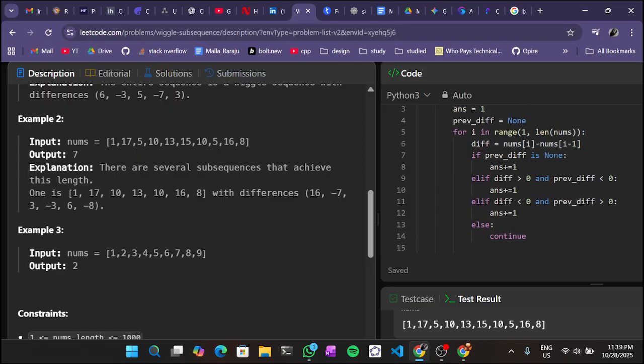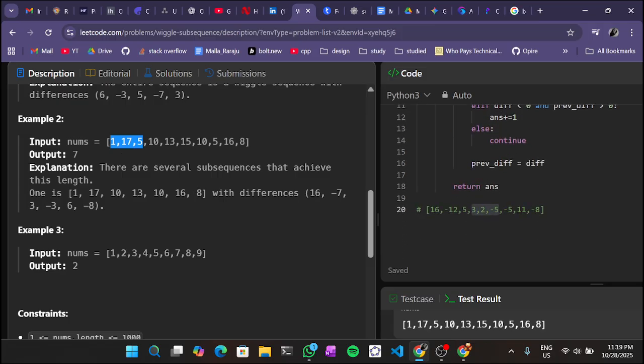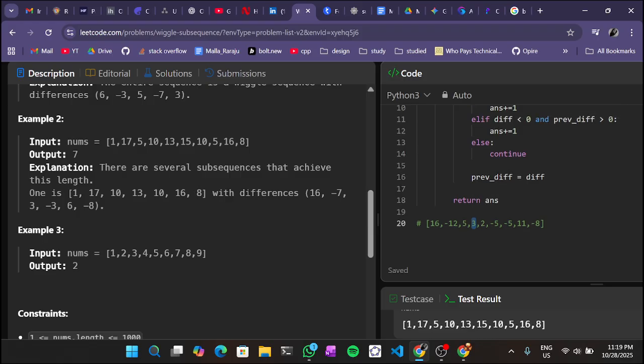So after choosing 17 and 5, 17 minus 5 will be minus 12. 10 minus 5 is 5. And for the next one, the difference is positive, and the previous difference is also positive.